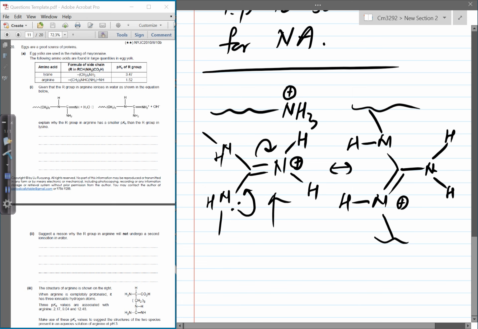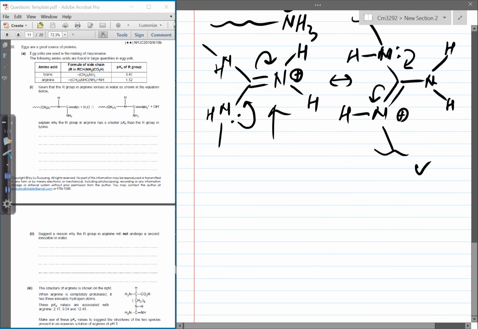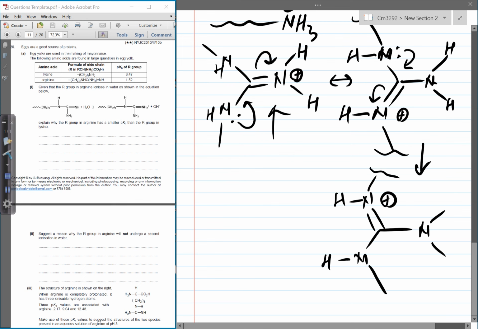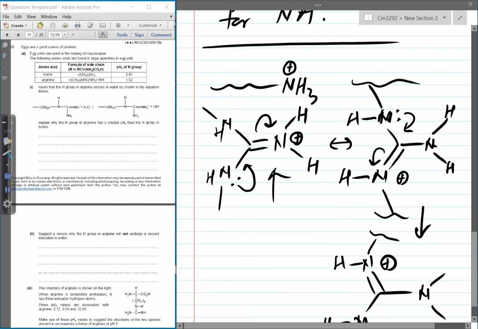This is the first resonance structure. Of course, this nitrogen also has a lone pair, so it can also participate in resonance, and this is what you get. So you can have 3 resonance structures, or for this case, there's no resonance structure.